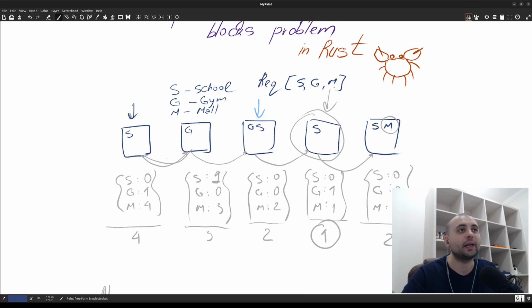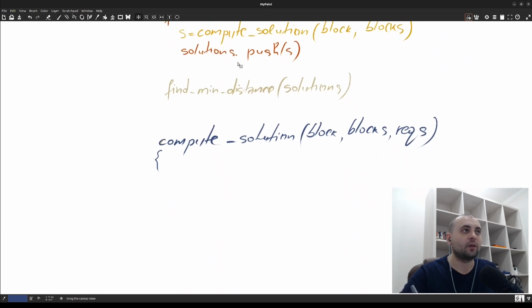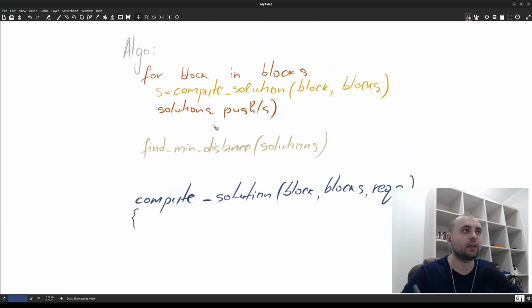There could be scenarios where only the school and the gym are provided, not the mall, or a combination of these three, or even more requirements with more data. So let's try to write up the algorithm. Let's think about the algorithm.